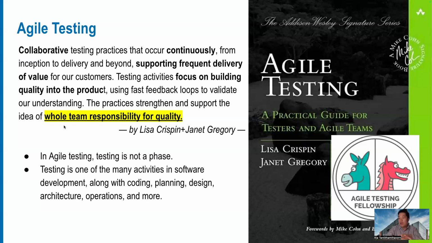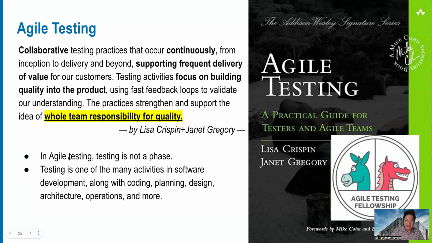When you work in a software team, say you have 4 students working on a software product, it's not like student A focuses on feature 1, student B on feature 2, and students 3 and 4 focus on quality. That's not really agile. Agile testing focuses on the whole team responsibility for quality, so everyone who develops a feature should make sure that it is of high quality as well.